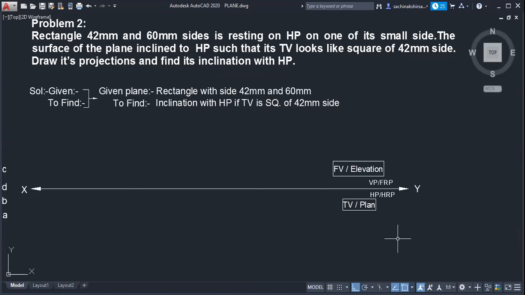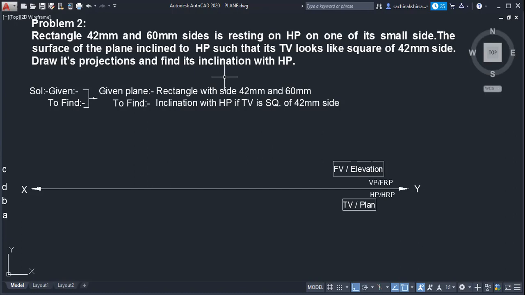So if you see the first problem and this problem, what is the difference? What was given in the first problem? Inclination with HP was given, 45. But here inclination is not given.